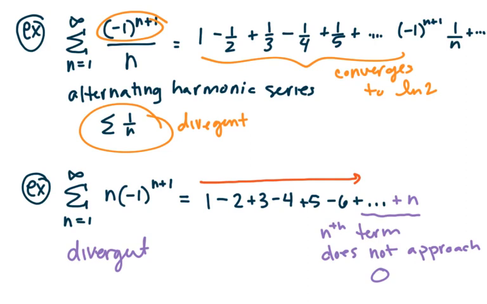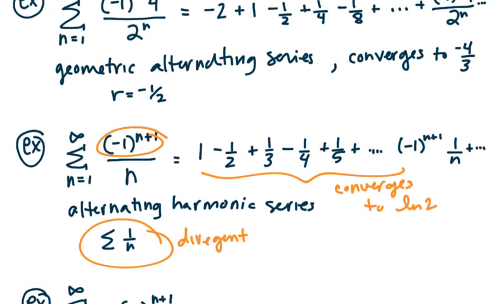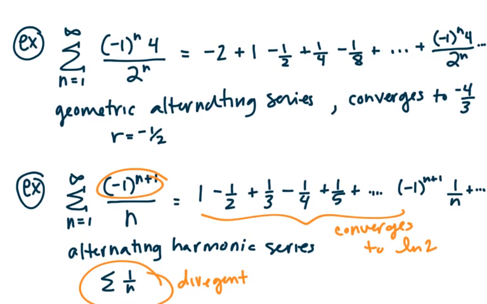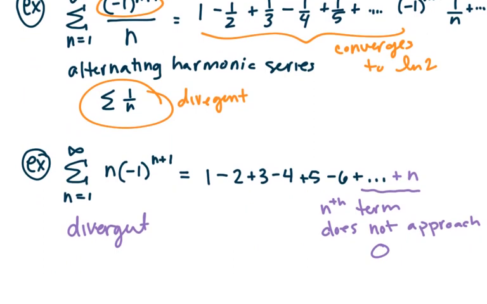So this is not convergent. The two above were both convergent series. And we're going to talk about absolute convergence in a minute. The top one is absolutely convergent. The middle one is conditionally convergent. And then this bottom series is divergent.